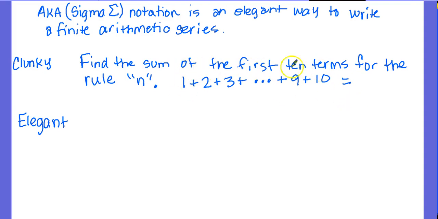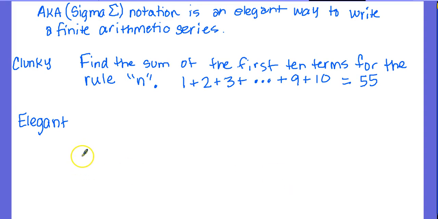You add the outside terms, 1 plus 10, which is 11, and then you figure out how many pairs I can make out of 10 numbers. 5 pairs, right? So that's 5 times 11, which is 55. You remember that I taught you to add that up yesterday. We'll practice that a little bit more today. So that's the very elementary or clunky version of an arithmetic series.